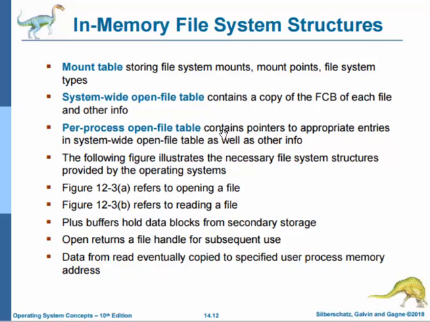We also have a per-process open file table, which contains pointers to appropriate entries in the system-wide open file table, as well as other information for all the files the process has opened. We also have the buffers, and these buffers hold the file system blocks when they are being read from or written to a file system.